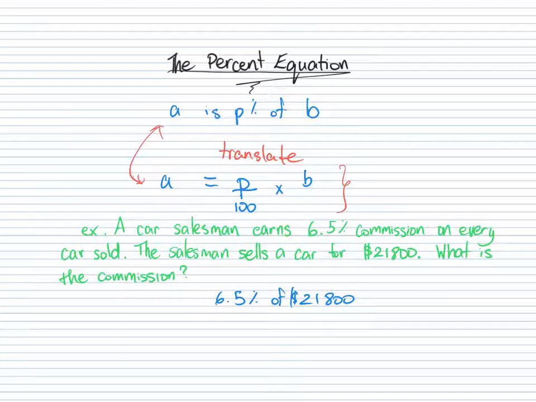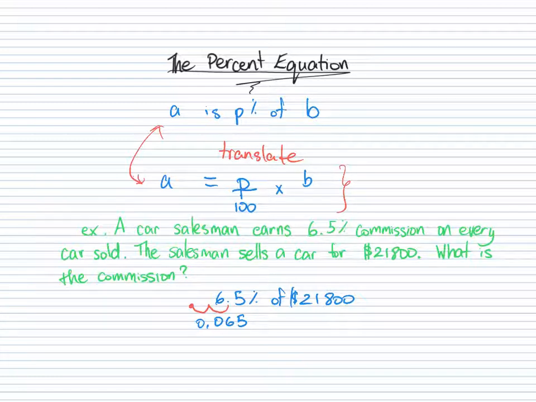So we've learned how to convert percents into fractions as well as percents into decimals. And in this particular case, it might be slightly easier to work with a decimal, so we can just multiply using the calculator. All right, so in order to convert 6.5% to a decimal, we can go ahead and move the decimal point over 2 places to the left, and we get 0.065. So that 6.5% translates to 0.065 as a decimal.